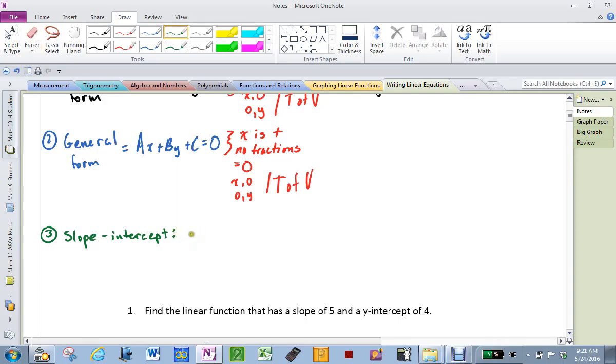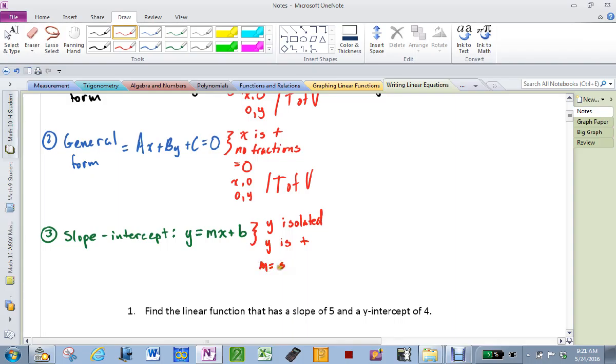What's slope-intercept? Y equals mx plus b. What are some things we need to remember about it? Y is isolated. What else? Y is positive. What else?